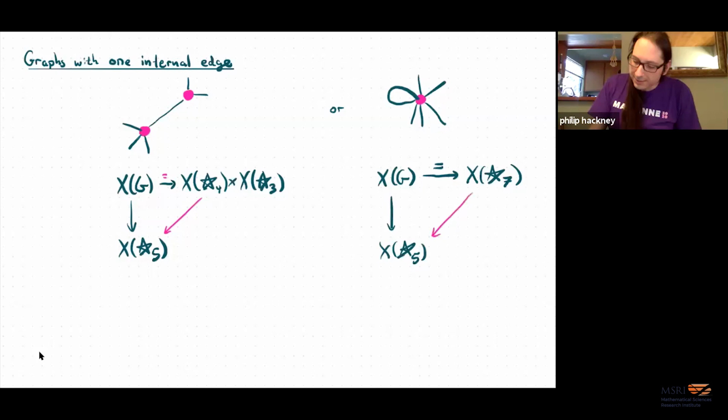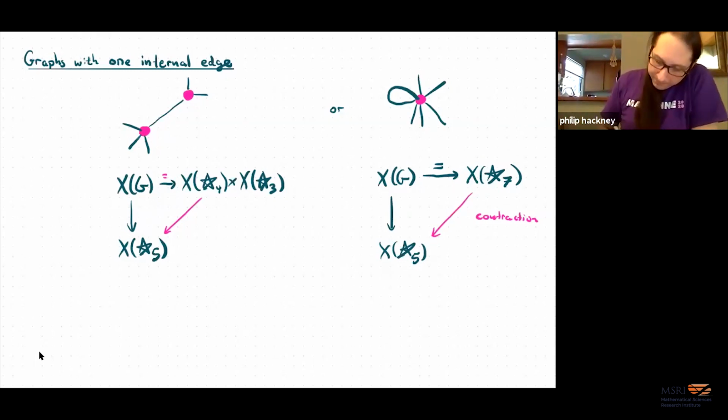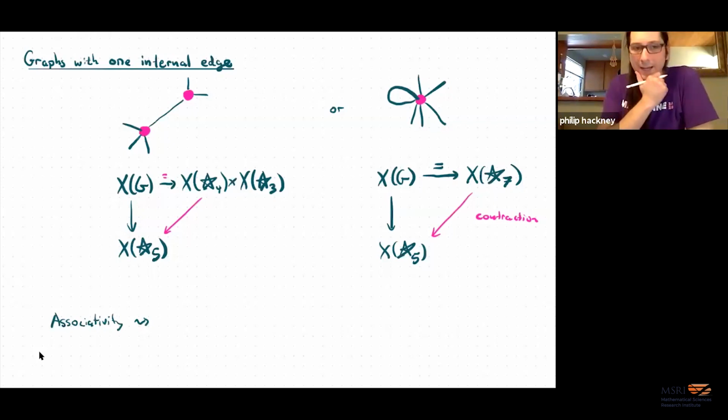So this is defining contraction. Okay, and associativity conditions. These come from looking at graphs that have two internal edges.